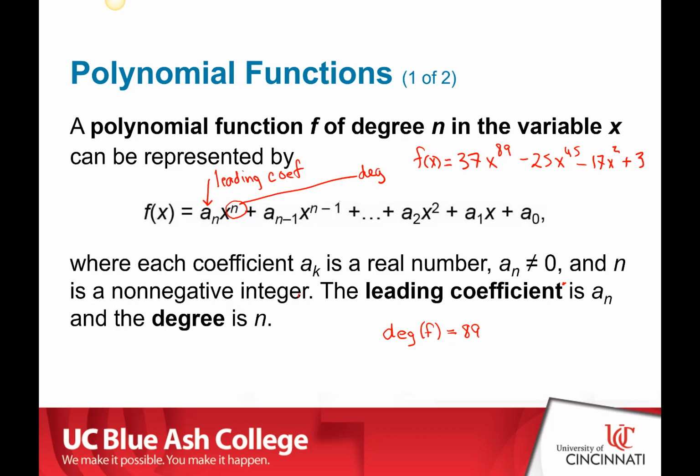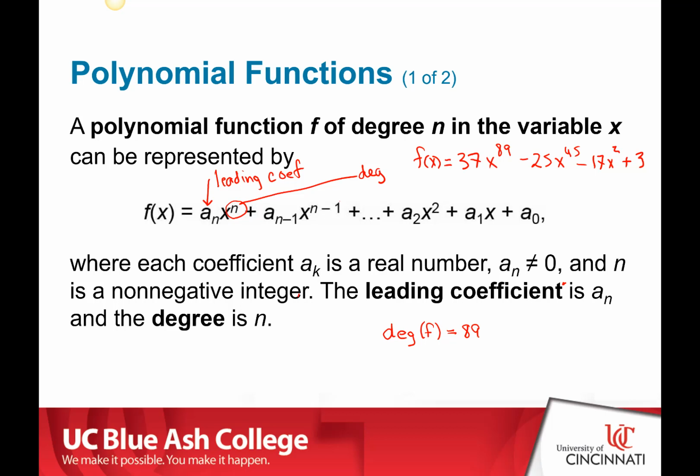That degree is important. The degree tells you how many solutions you have. You know, like x equals 3, x equals negative 5. This would have how many different answers? 89. That'd be a lot to have to solve for, wouldn't it? Now, does that mean it will always have 89?